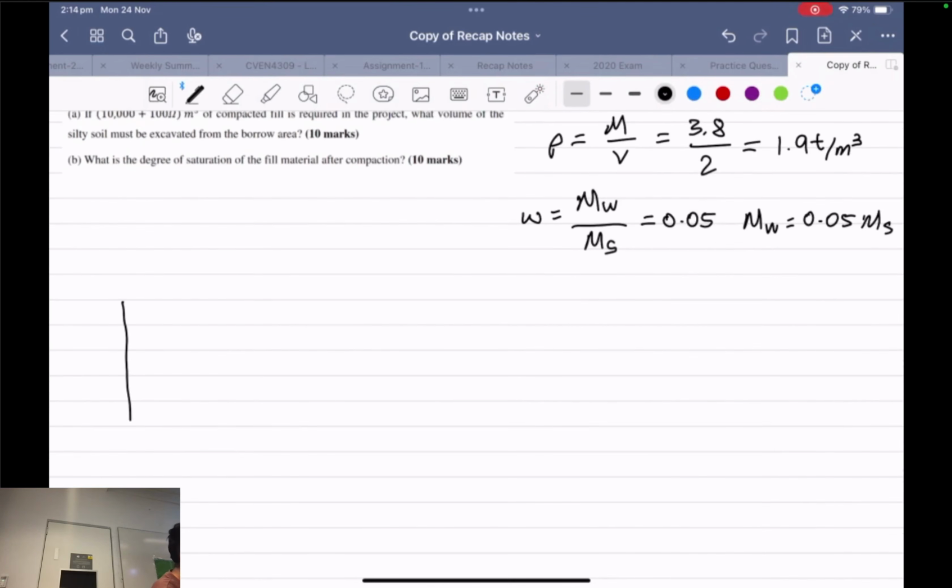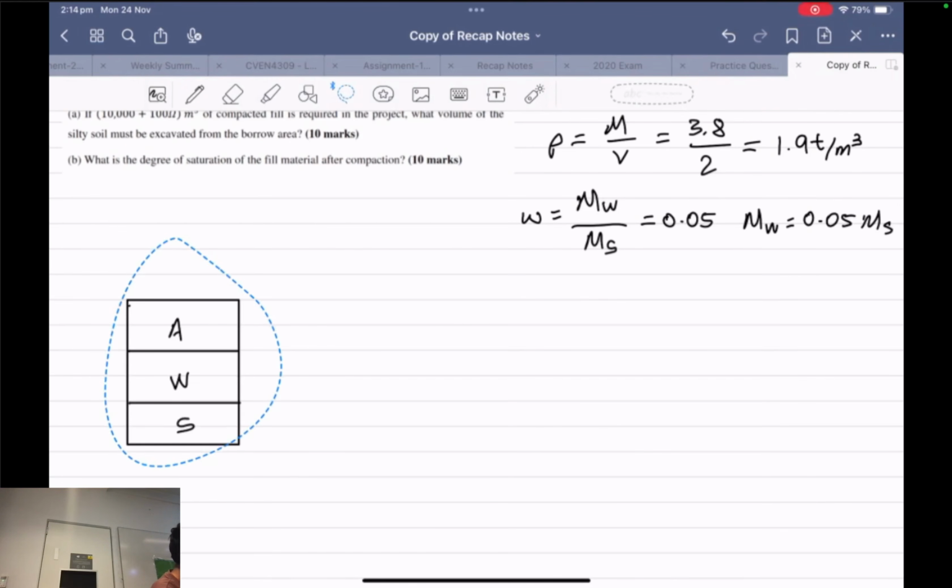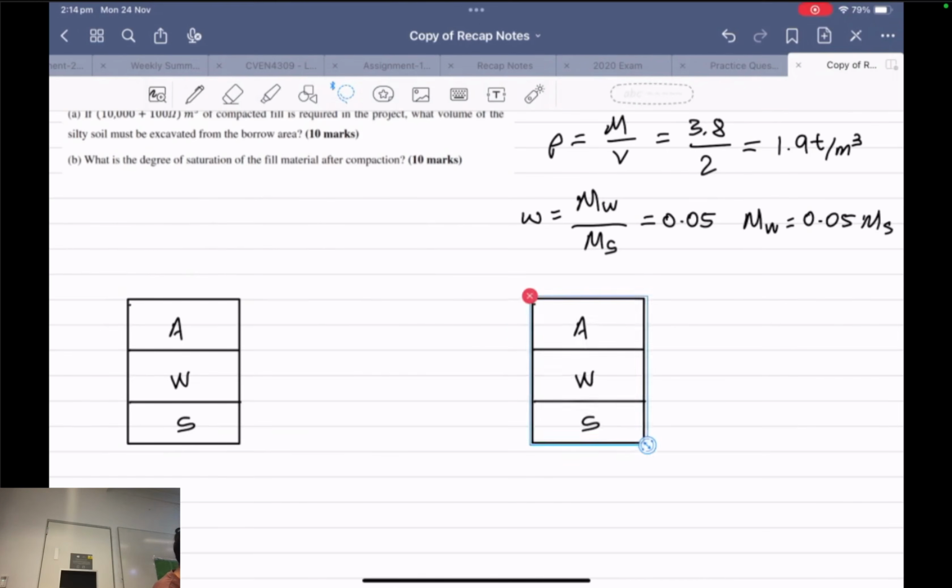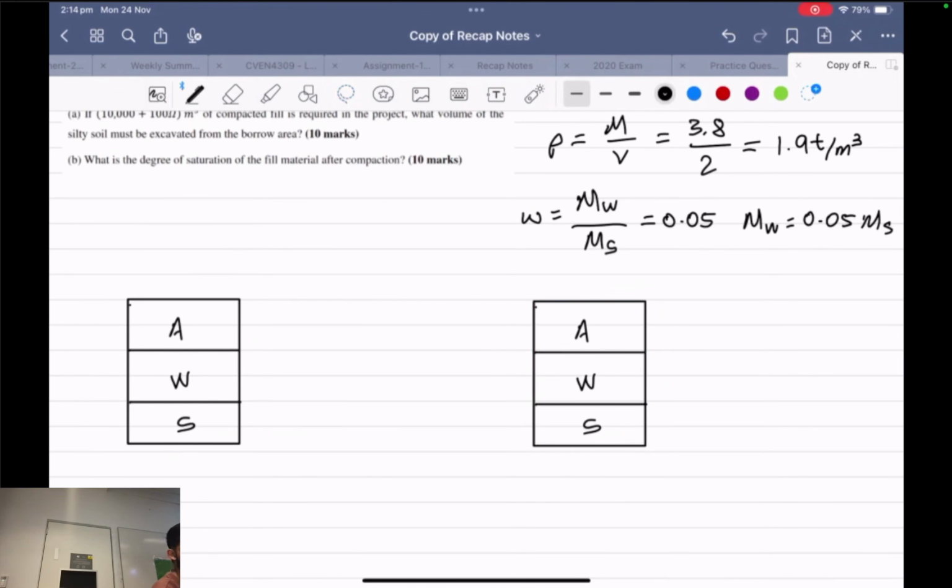So if we just draw, we have two scenarios, right? One from the borrow and one in the fill.